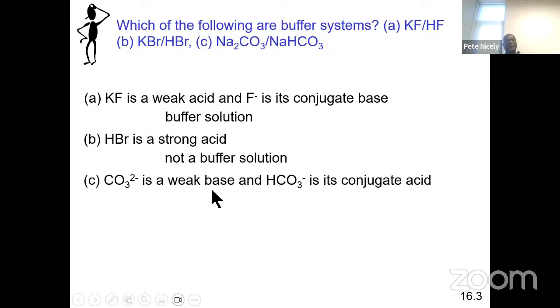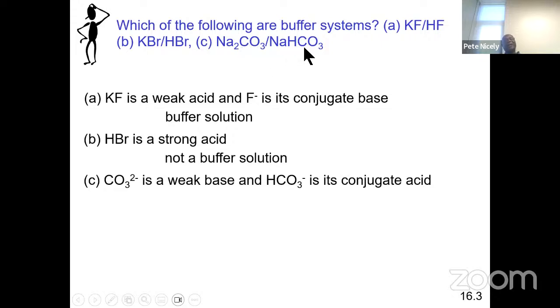And then for C, let me explain, because it might be a bit challenging being introduced to this for the first time. The sodium carbonate here has a carbonate ion, and the sodium bicarbonate has a bicarbonate ion. So what you're actually comparing is the carbonate to the bicarbonate. The bicarbonate is a weak base, and the carbonate would be the conjugate base.